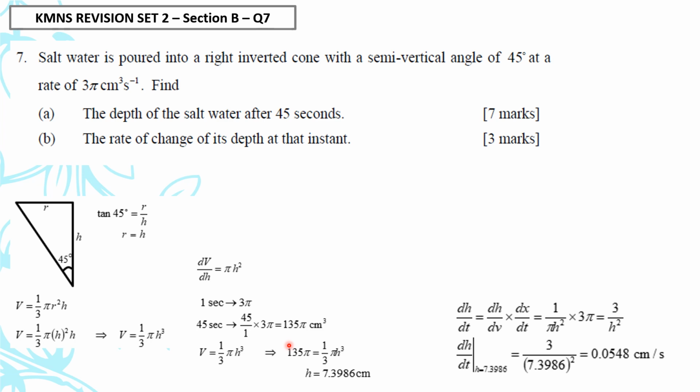And that is your volume, but we don't want volume, we want H. So we change back using the volume formula to get your H. And the second question asks for the rate of change of its depth at the instant. So using your chain rule, you will get your answer when H is equal to 7.3986, which is the one that we found in the first question.